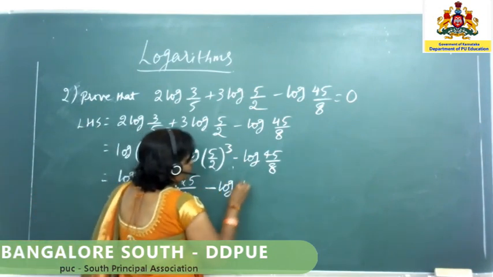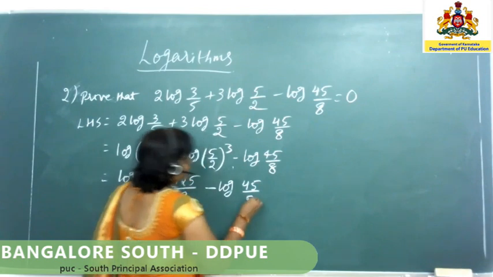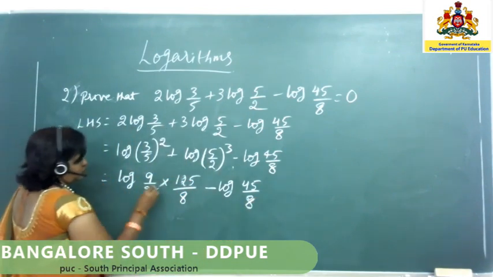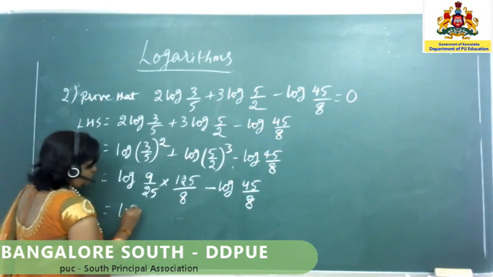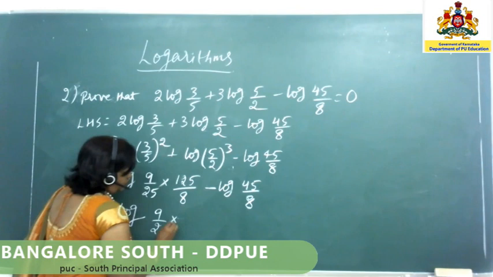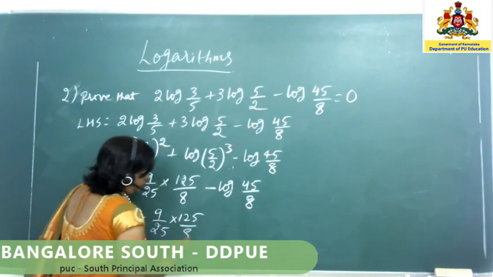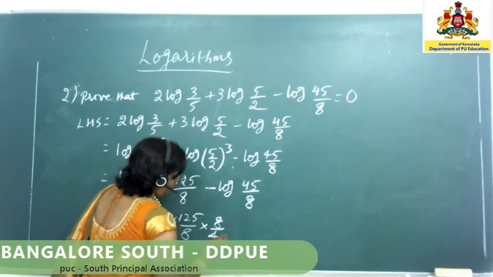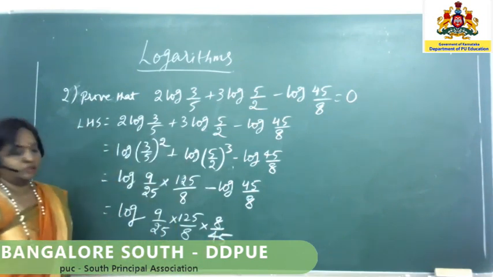minus log 45 by 8. So now this can be written as log 9 by 25 into 125 by 8 into, you can take the reciprocal, so 8 by 45.